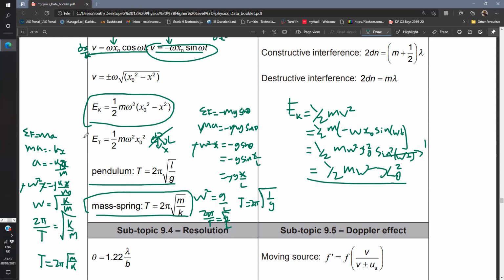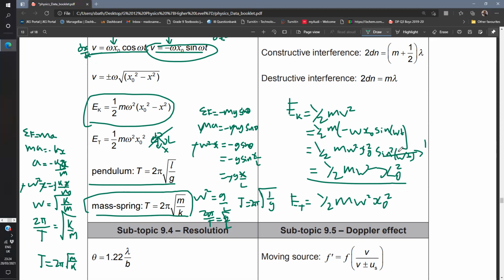Now we're going to do the same thing with the E total. E total is equal to, this is the kinetic energy. So the reason why this is the formula is because of sine 90.